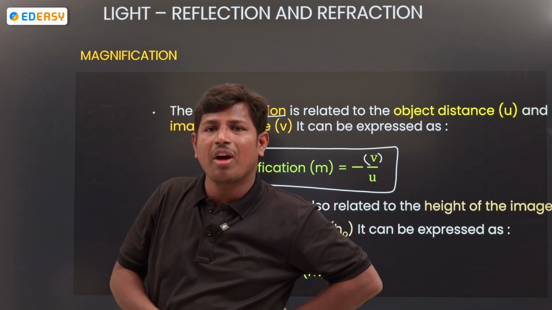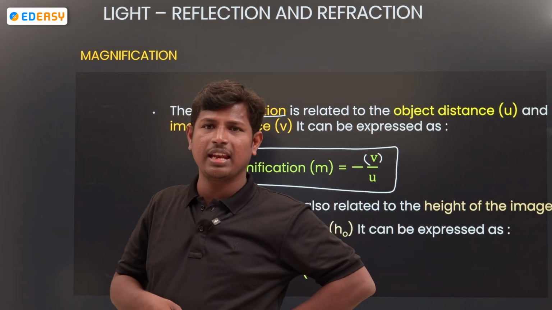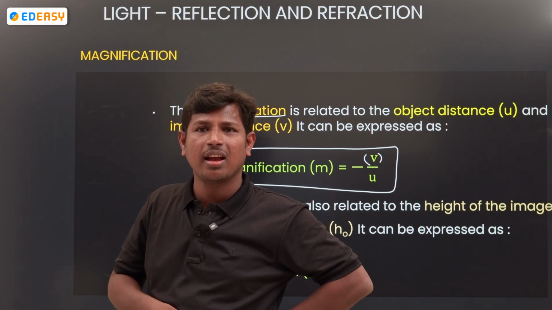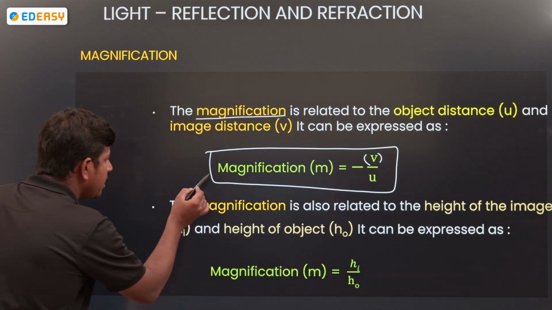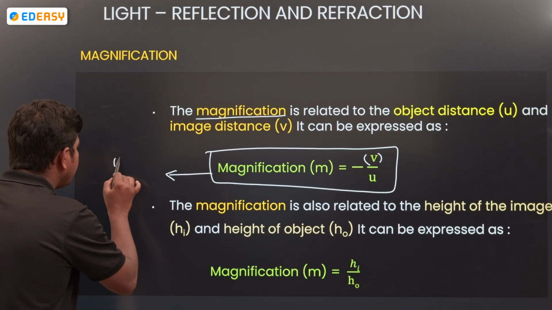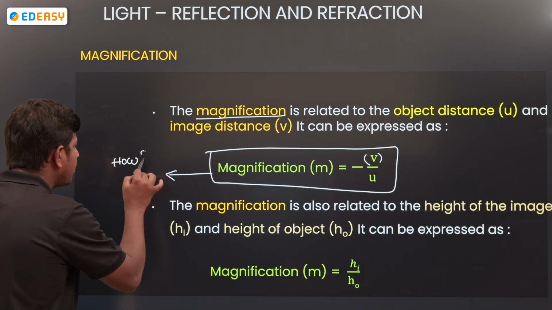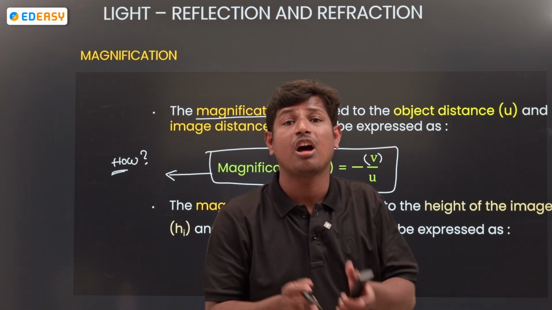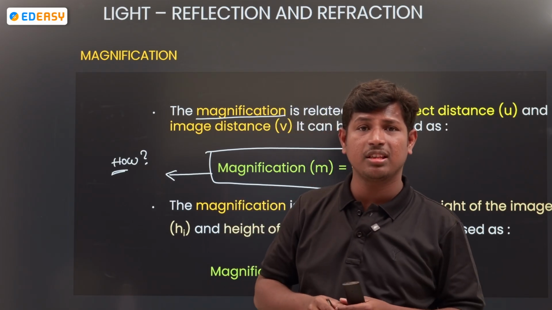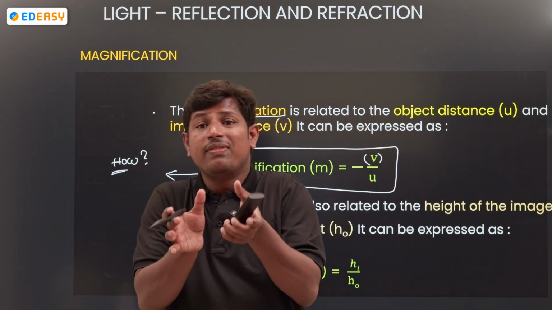Can anybody guess why it is minus? Why do we take the minus in magnification? Magnification is nothing but how the image will be compared to the object.